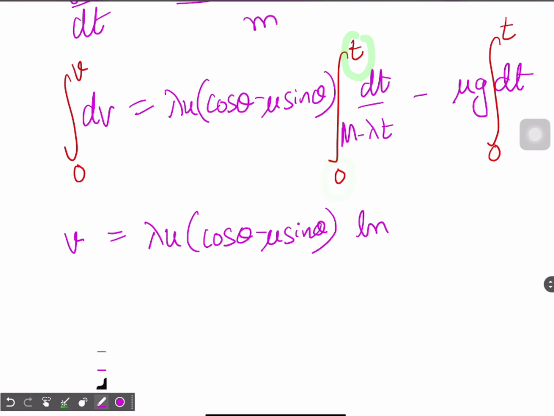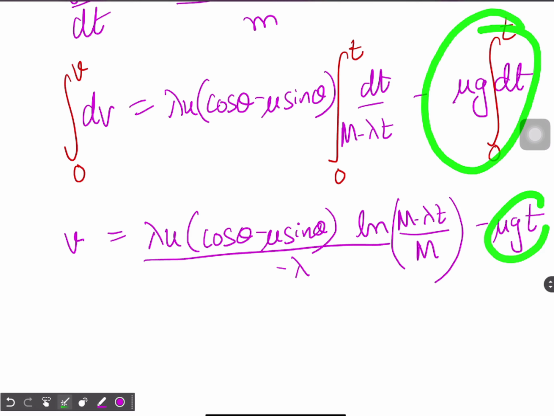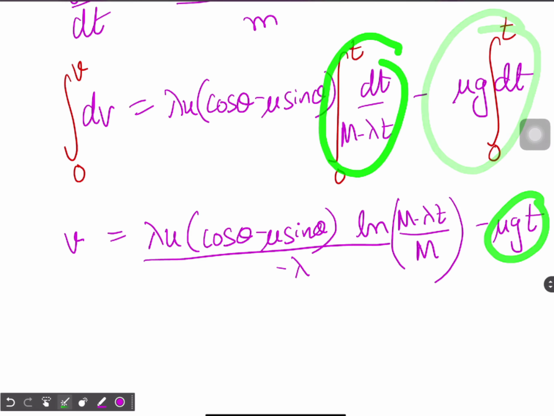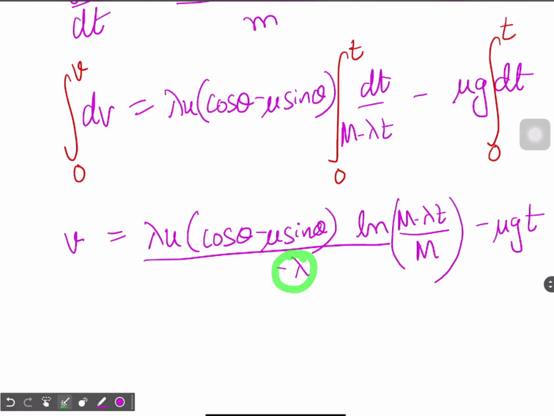You will get the logarithm of (m minus lambda t) divided by m, divided by the coefficient of t, which is minus lambda, and then minus mu g t. This lambda will get cancelled out, so this will be equal to u (cos theta minus mu sin theta).